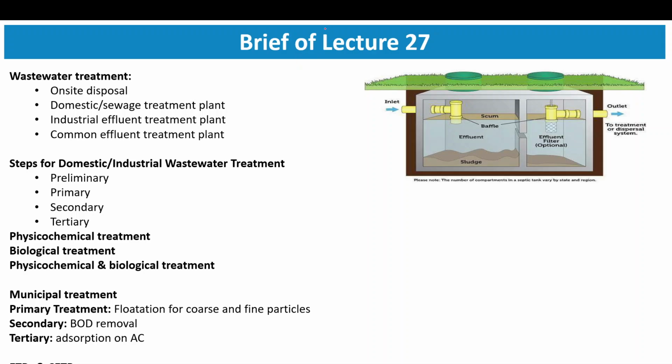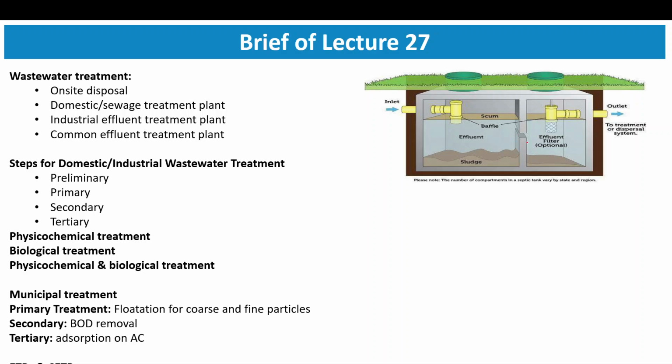Here wastewater treatment can be divided into four categories. First is on-site disposal. On-site disposal is for a residential area which is remote and has no nearby waste collection system. Here, on-site disposal means you have a discharge line connected to an inside or underground septic tank. This image is of a septic tank, where this is the inlet and these two are the baffles.